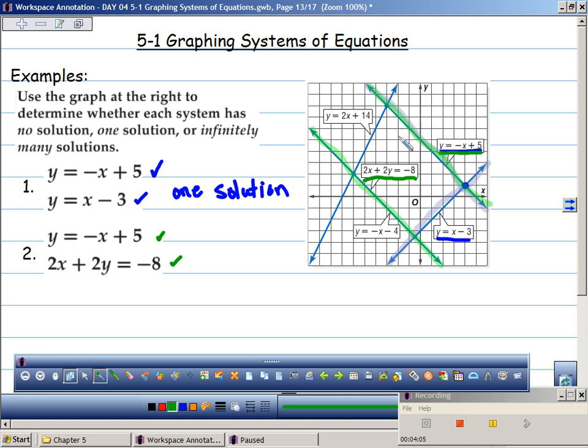So, does this system of equations have one solution, no solution, or infinitely many solutions? No solution. Why? They never intersect. Because they're called what? Parallel lines. I think you guys have it.